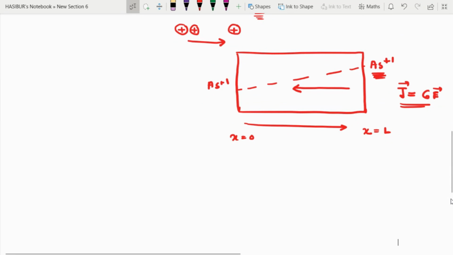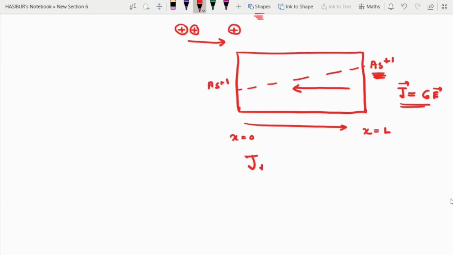Let's think. One thing is that this is in equilibrium. When I haven't applied any bias, there will be no current, but this indicates that there is a current. So basically this is the drift current, because drift current arises from the electric field.